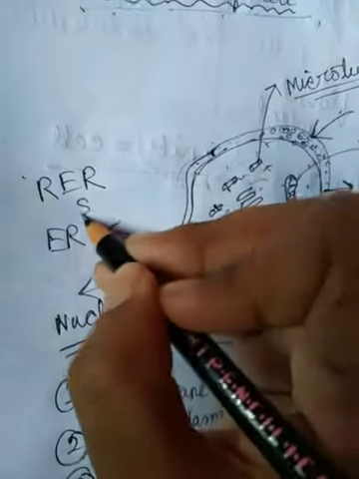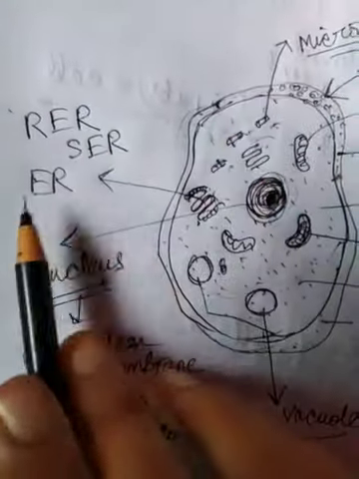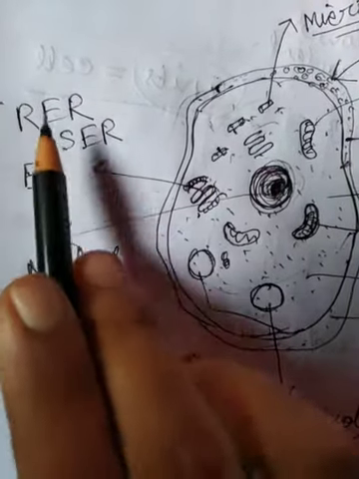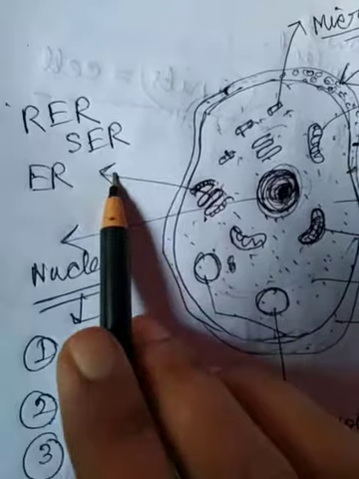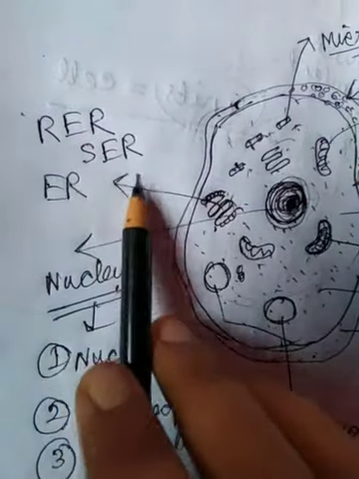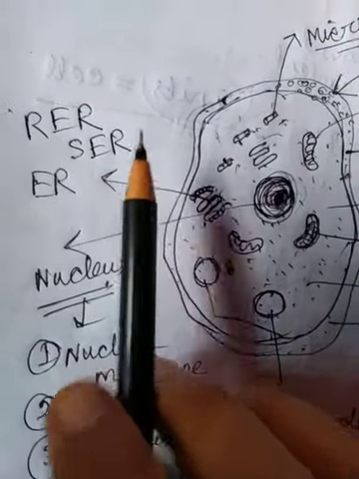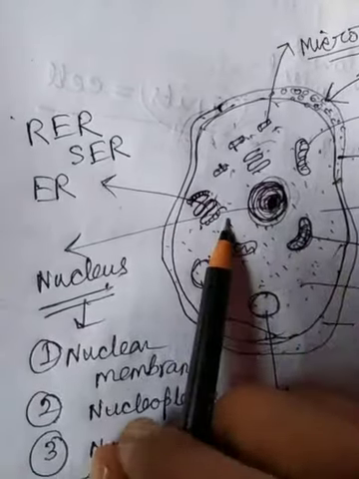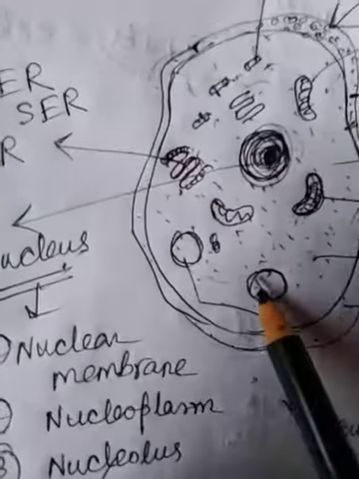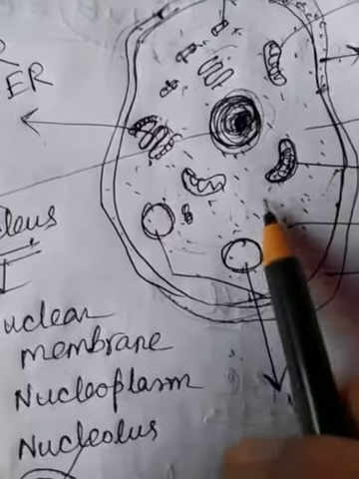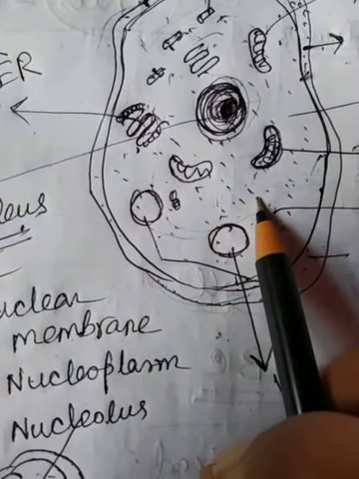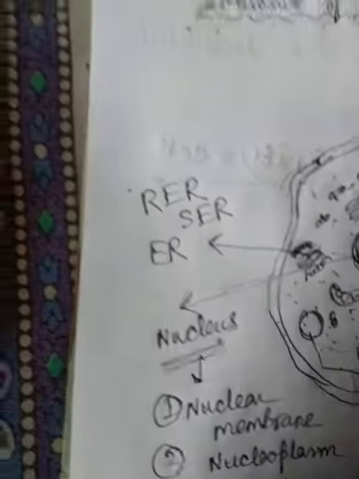This is called SER, meaning smooth endoplasmic reticulum. So the endoplasmic reticulum is of two types: rough endoplasmic reticulum, or RER, and smooth endoplasmic reticulum, or SER. Their function is to synthesize protein and fat within the cytoplasm. They also help in the transport of protein. Second one is the ribosome.